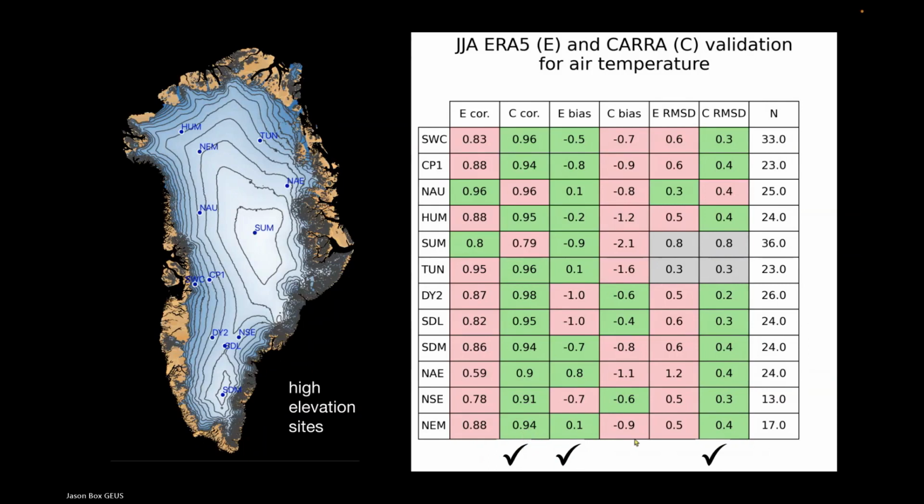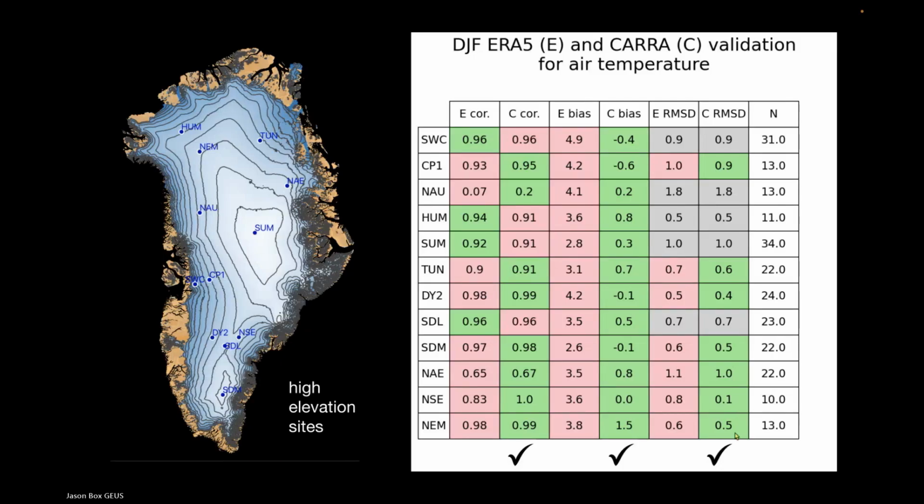Correlation still higher for CARRA, and the root mean squared difference is lower for CARRA in summer. In winter, CARRA is performing better again, with lower bias on average, higher correlation, and lower RMS difference.